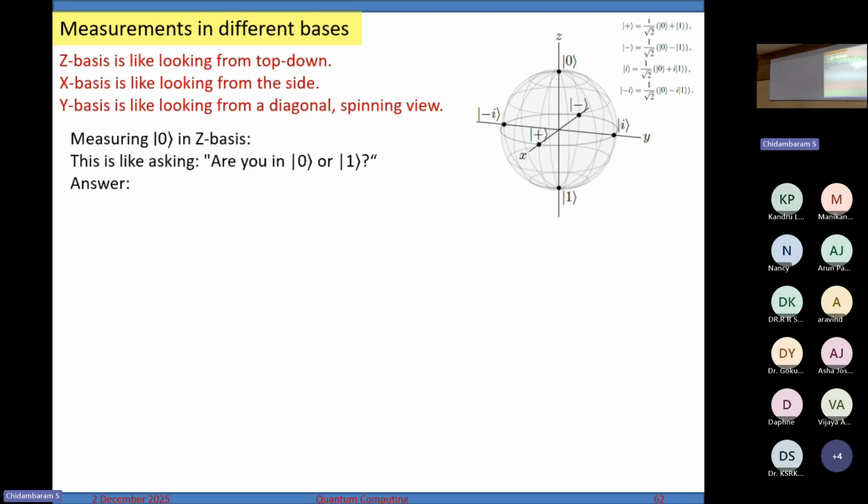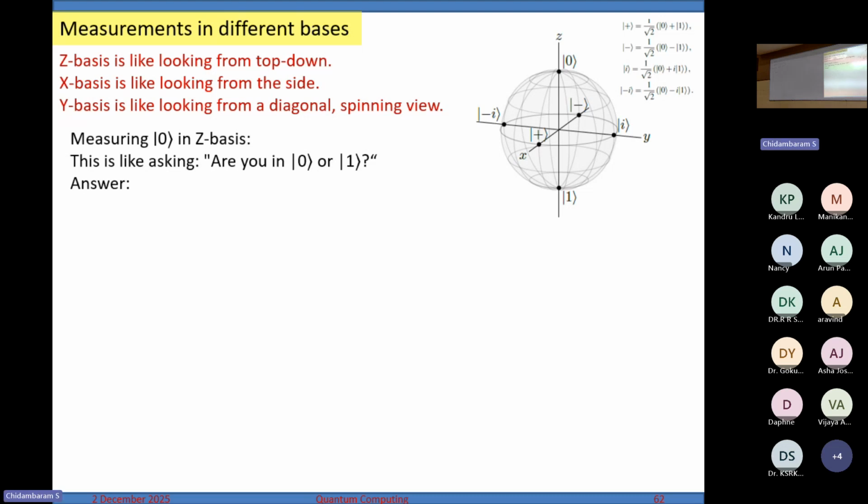So now imagine I am having 0. I am starting with qubit state 0. So what I am doing is measuring it in the Z basis. If I am measuring the qubit in the Z basis, what is the question I am asking? Are you 0 or 1?